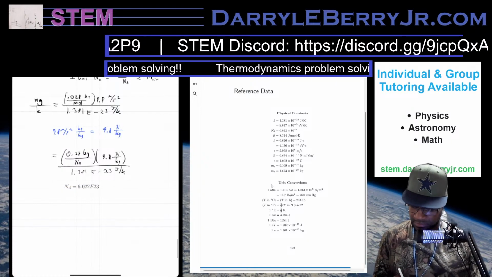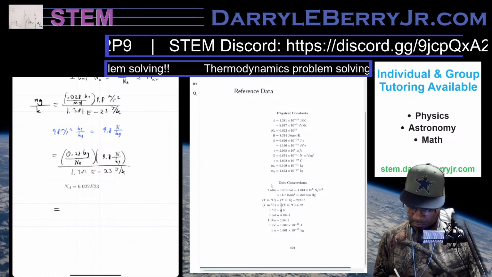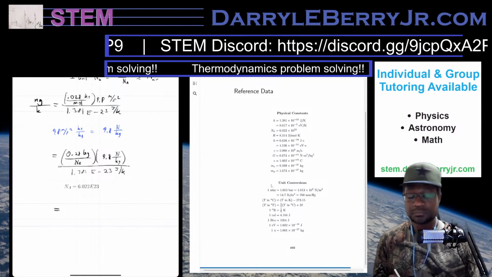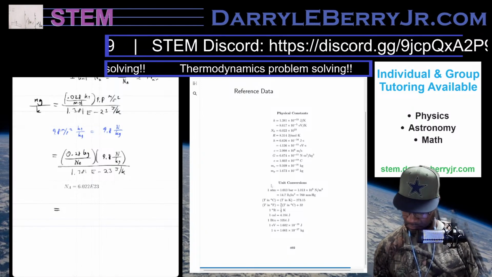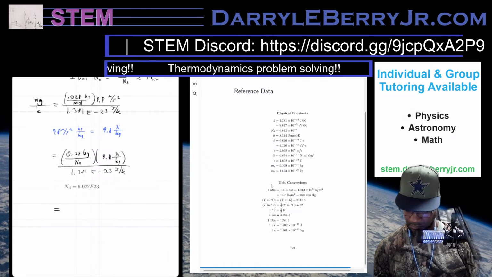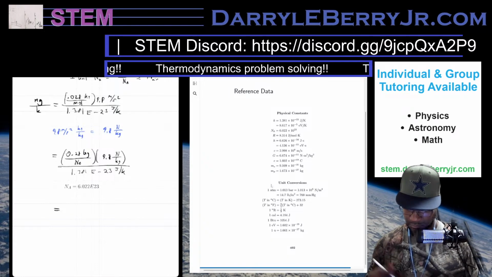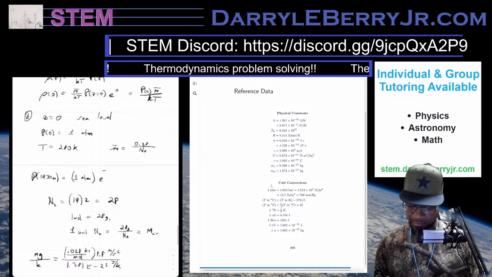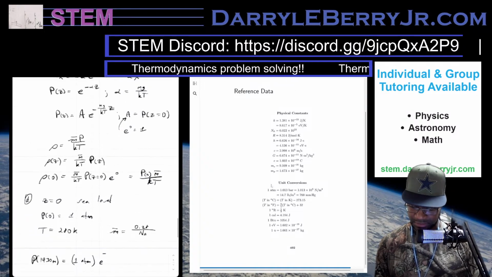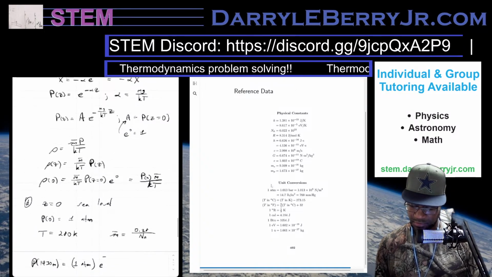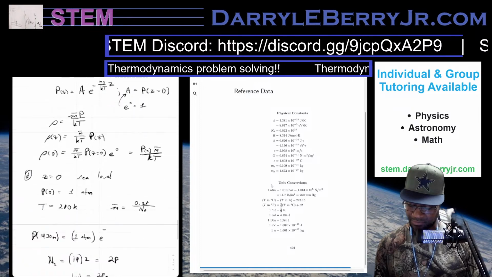See what this is. Remember, I'm going to be dividing this by temperature and multiplying it by position.